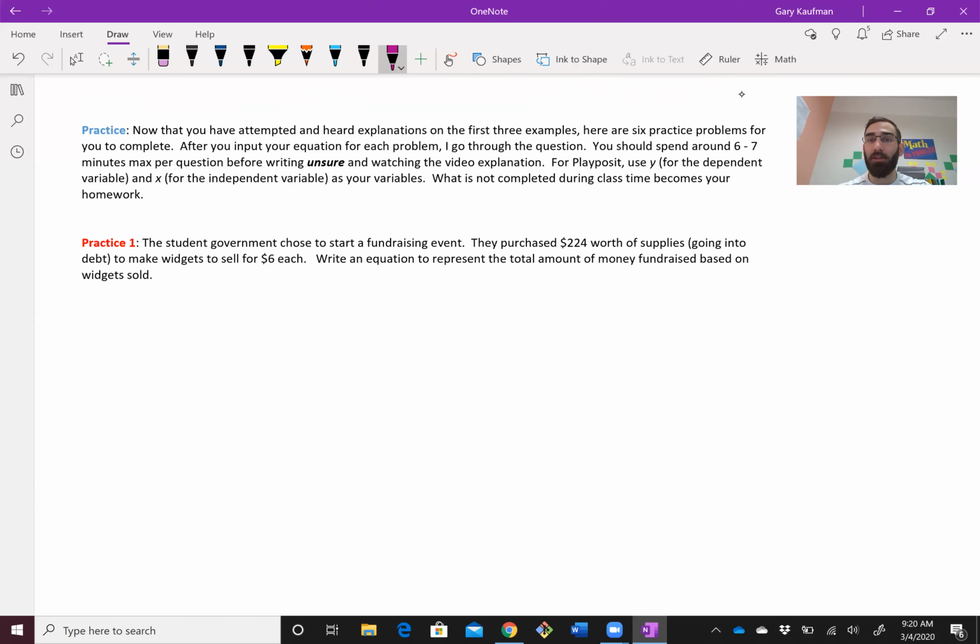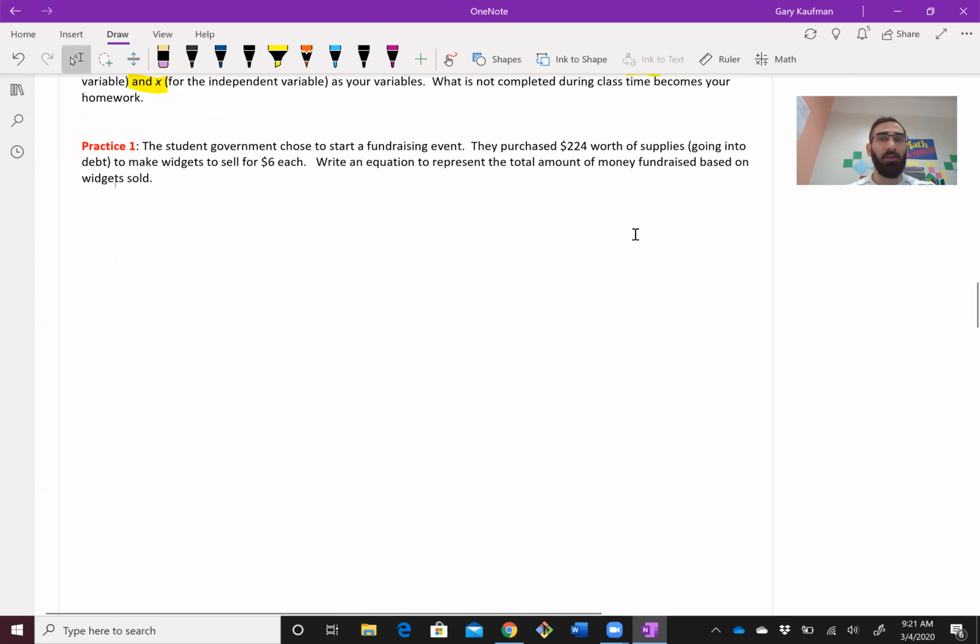Notice that if you don't complete this during class time, it's your homework. You should be spending 6 to 7 minutes max per question before writing unsure and listening to the explanation and then taking notes on the explanation. And I'm asking you to always use x and y to make sure that you plug it in accurately. So here's the first one. Good luck.